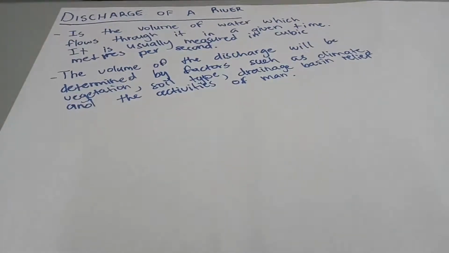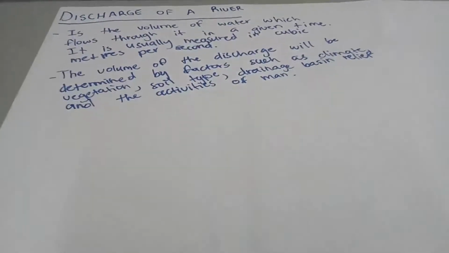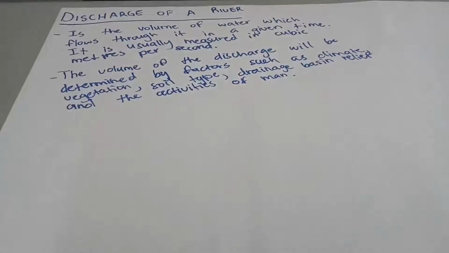So the soil type. A soil such as a sandy soil has particles, and therefore it absorbs water easily. So there will be little runoff of water, so there will be less surface runoff.